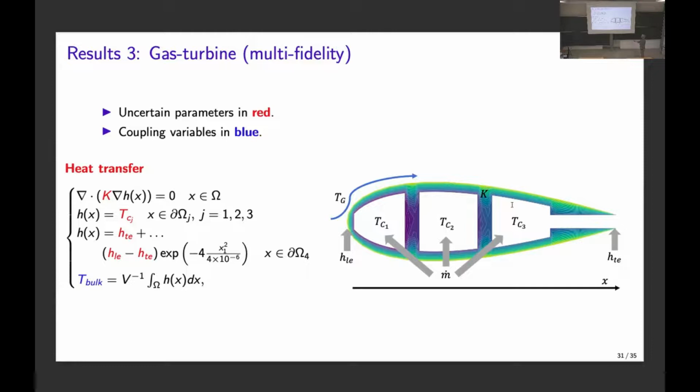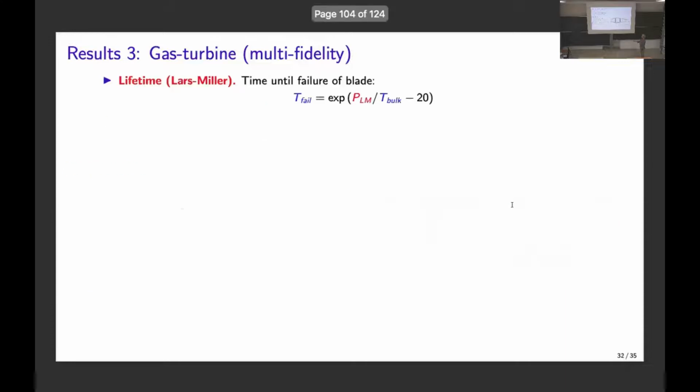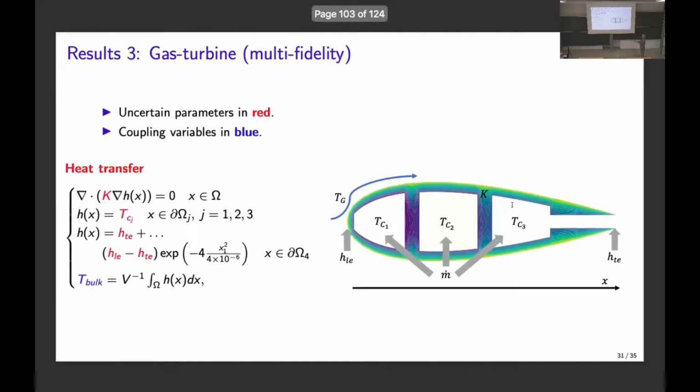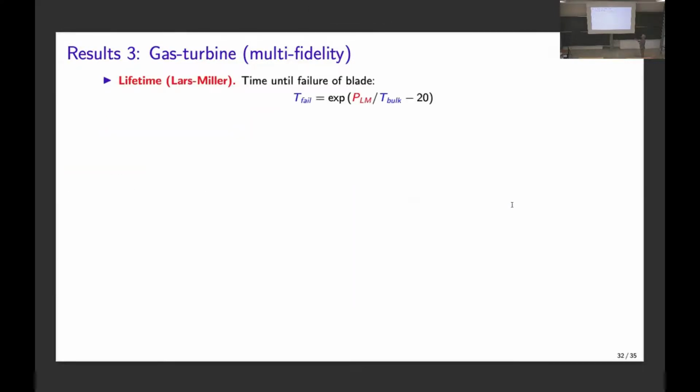And then out of this heat transfer, I compute the bulk temperature of the blade. The bulk temperature of the blade will be as uncertain because it depends on this bunch of uncertain parameters, the red parameters. The bulk temperature goes into the lifetime model for the blade.